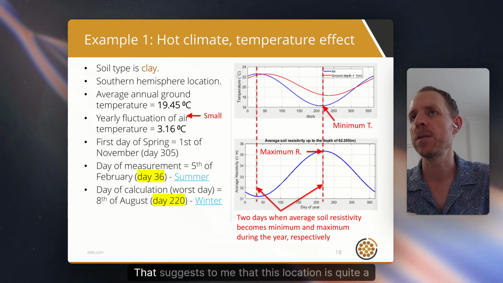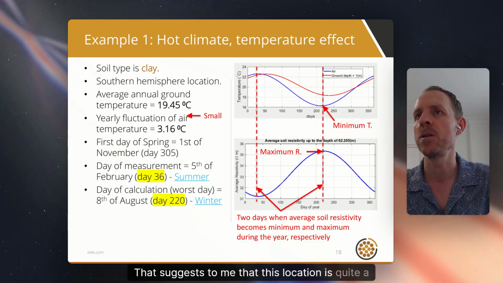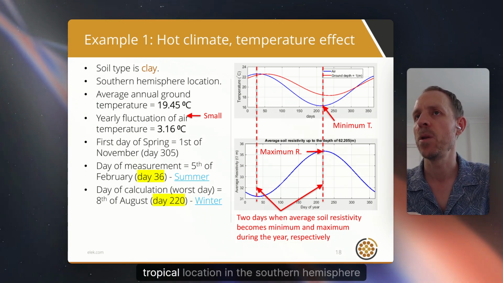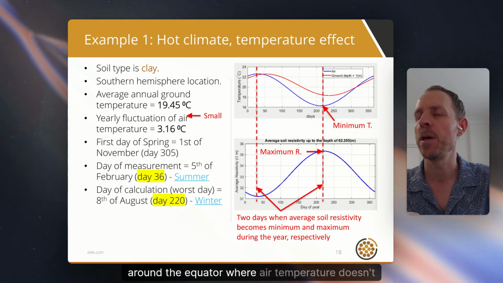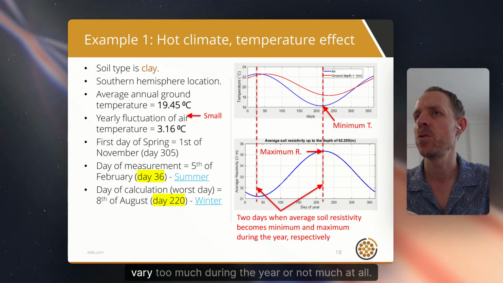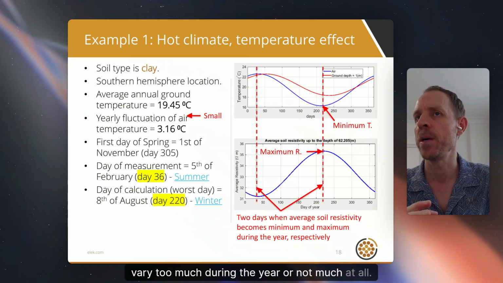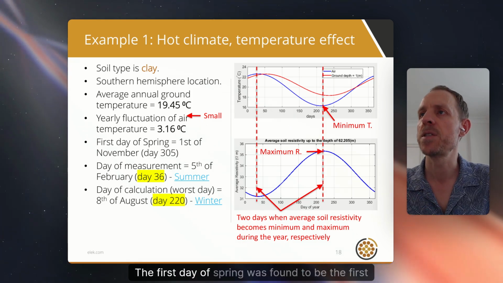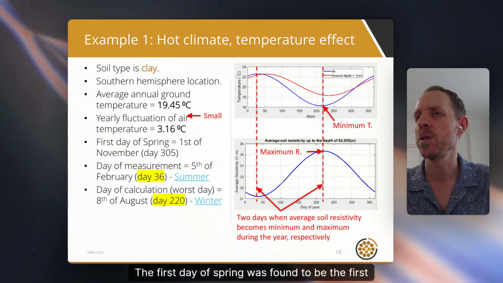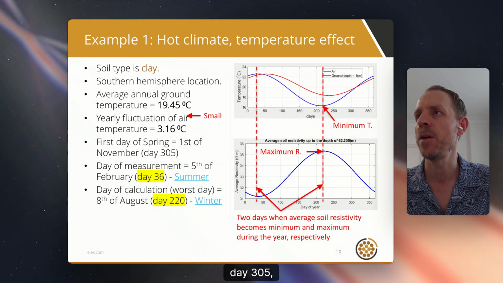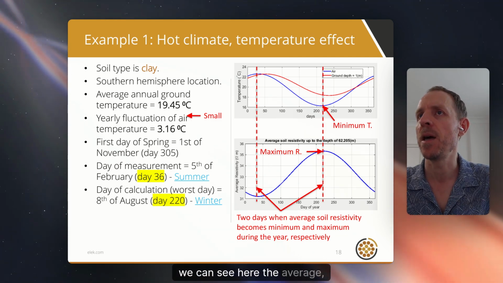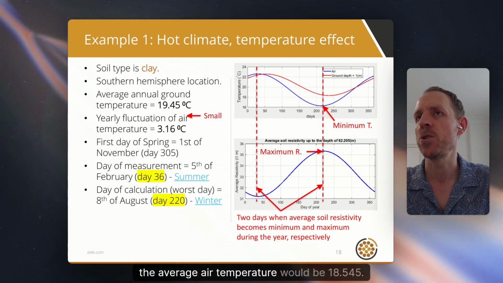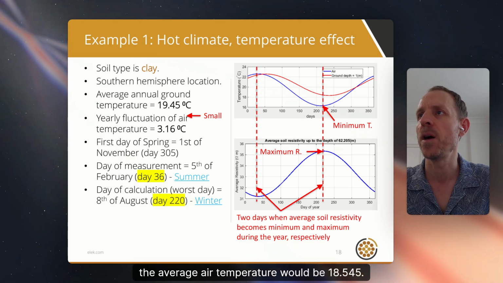It's quite small. That suggests to me that this location is quite a tropical location in the southern hemisphere around the equator, where air temperature doesn't vary too much during the year, or not much at all. The first day of spring was found to be the 1st of November at day 305. Remember, we can see here the average air temperature would be 18.545.